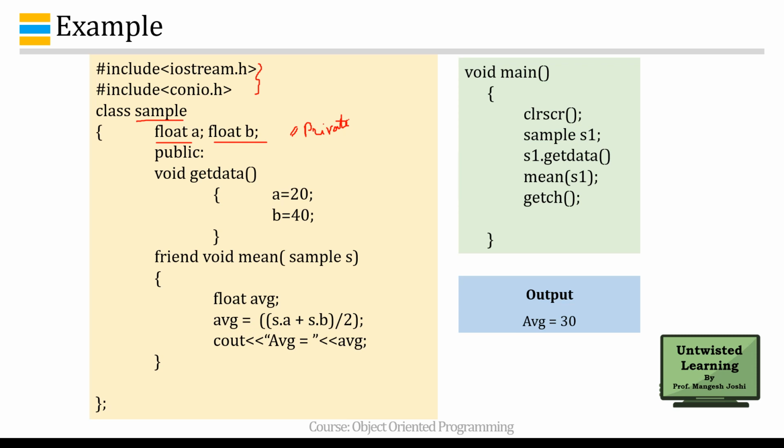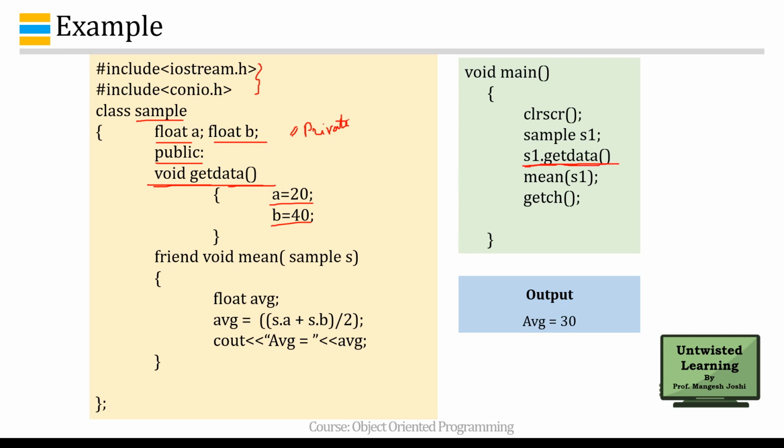Now in the public section, void getData is written: a is equal to 20 and b is equal to 40. Since this is a member function, it is in the scope of the class, so it can be called with the object name. You can see here s1.getData.